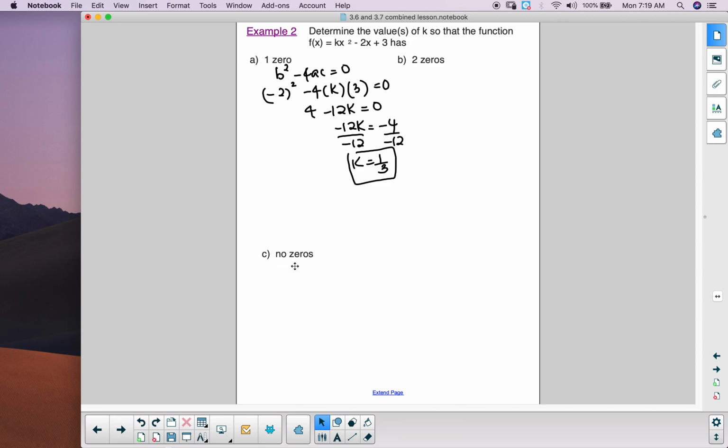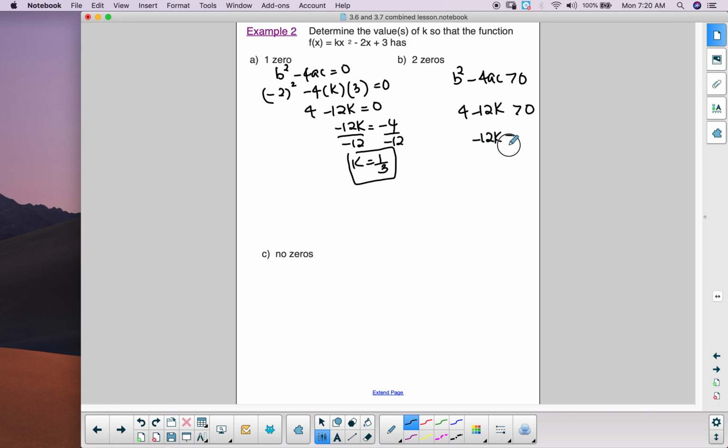And then for part B, you should have 2 roots. So that means b squared minus 4ac should be greater than 0, which means 4 minus 12k should be greater than 0, which means negative 12k should be greater than negative 4. You divide both sides by negative 12, which means k should be less than 1/3.